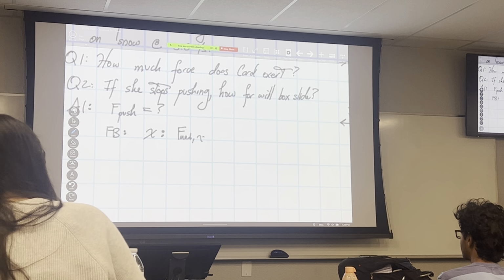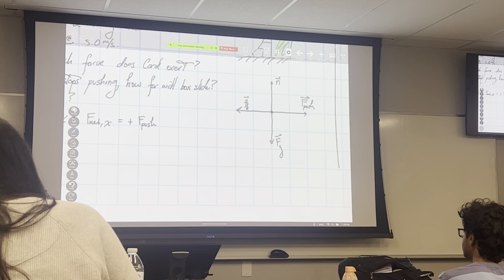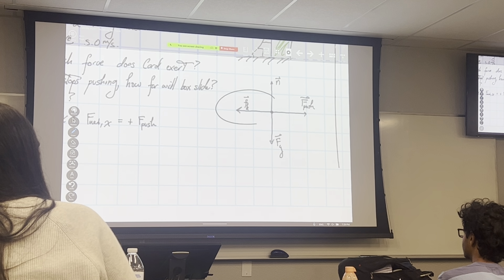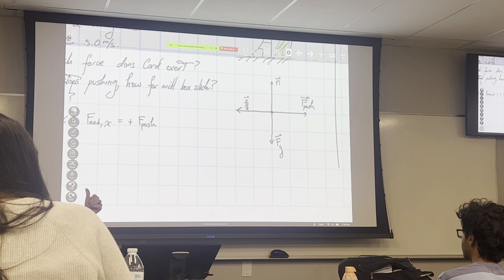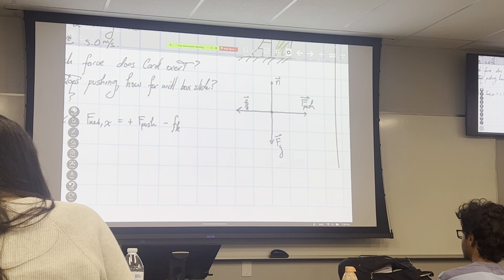The net force in the x direction, we have F push acting in the positive x, so it's positive F push. And we have friction opposing it in the negative x direction, so this will be minus the kinetic frictional force Fk.